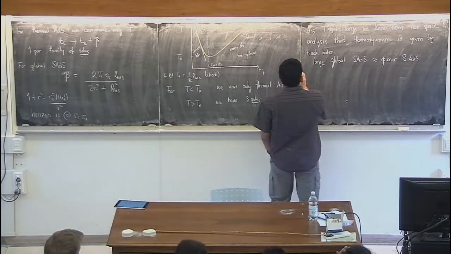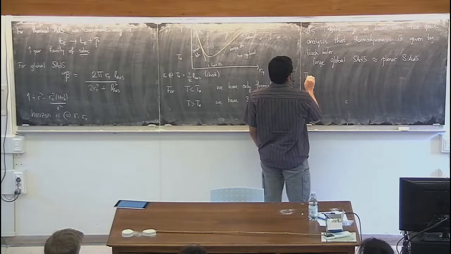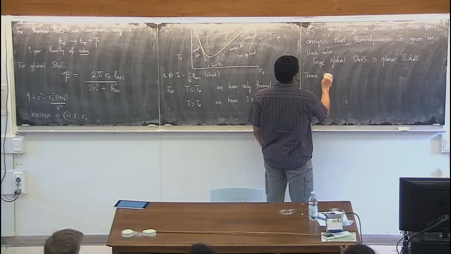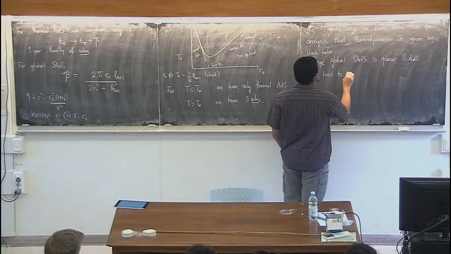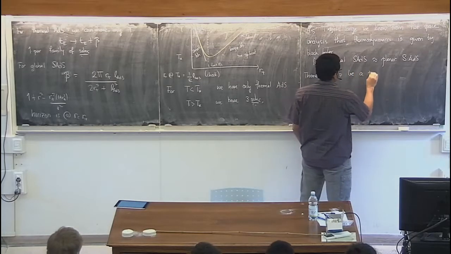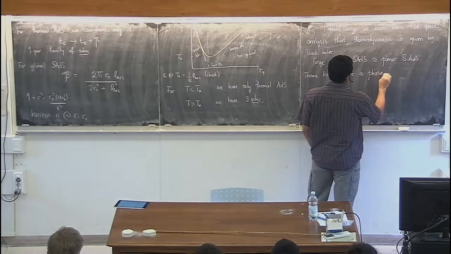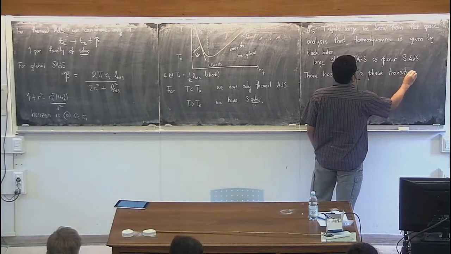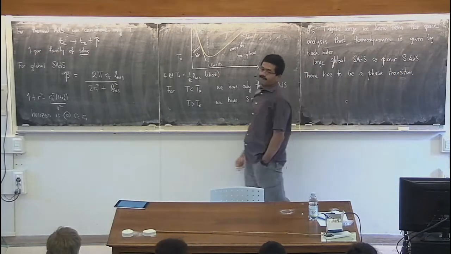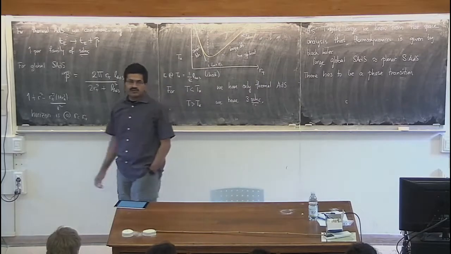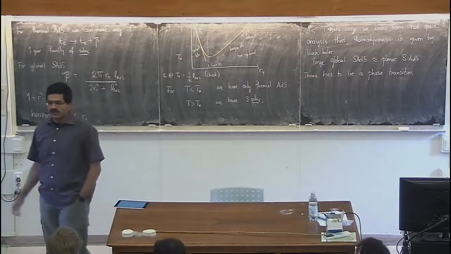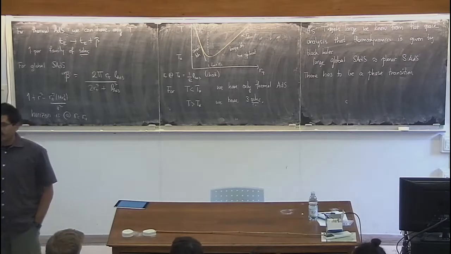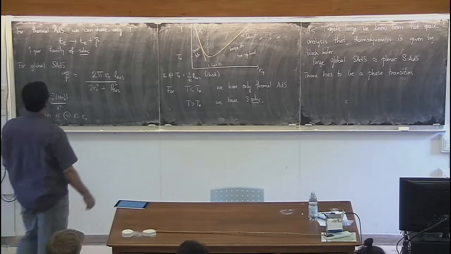But now it's clear there has to be a phase transition. Because at high temperatures, we are in the black hole phase. At low temperatures, we don't have a choice. We can't be in the black hole phase.